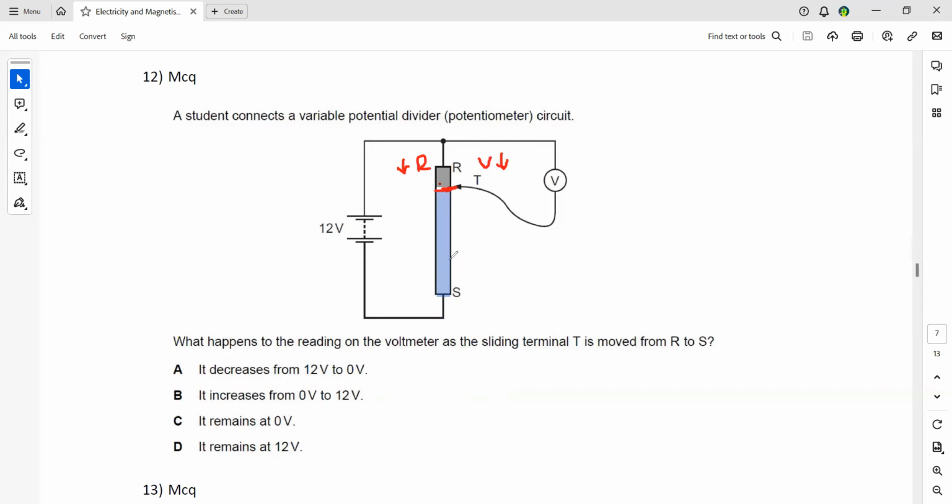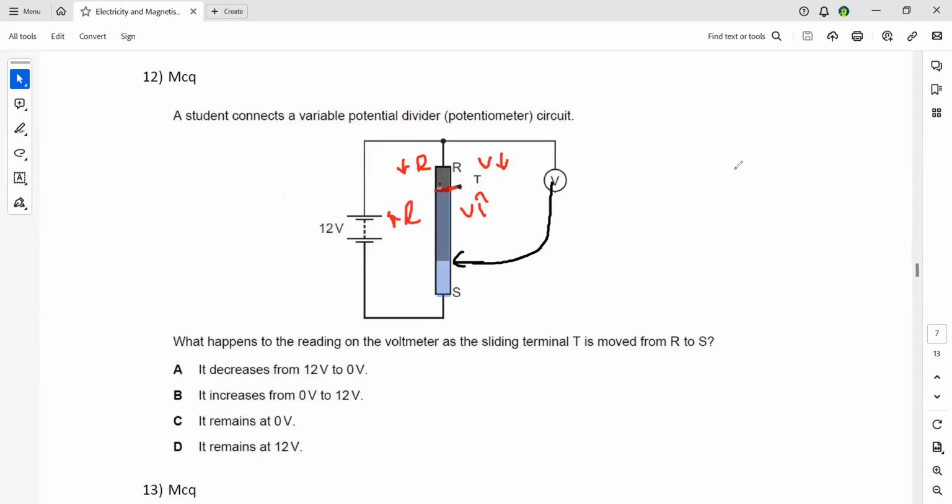But as we move the sliding contact from R to S, for example if you have the sliding contact at this point, now this part will have a greater resistance, because a greater length is there. If this part has a greater resistance, what happens to the voltage across this part?